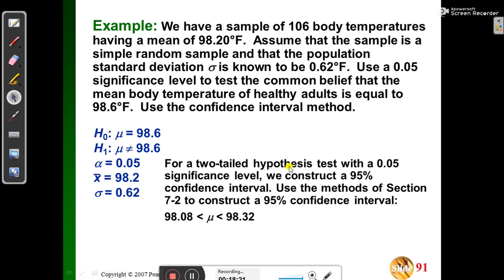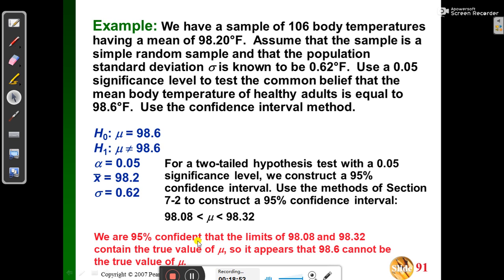For a two-tail test with a 0.05 significance level, we construct a 95% confidence interval. Use the methods of section 7.2 to construct the 95% confidence interval: 98.08 less than mu less than 98.32. So if mu remains in that region, then only can we say that the claim is valid.